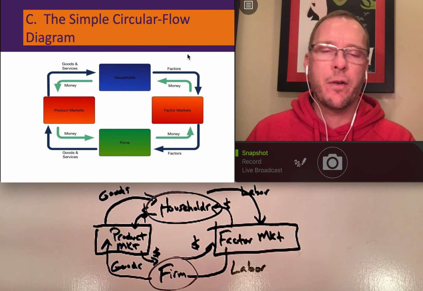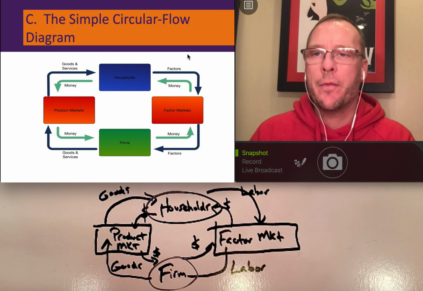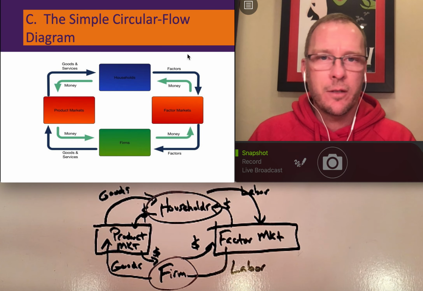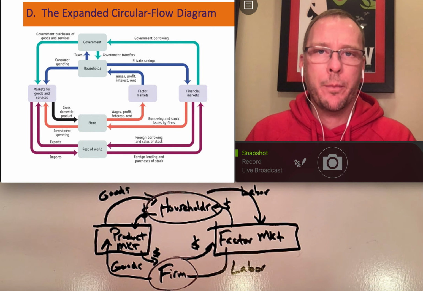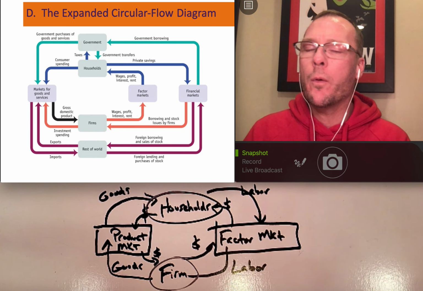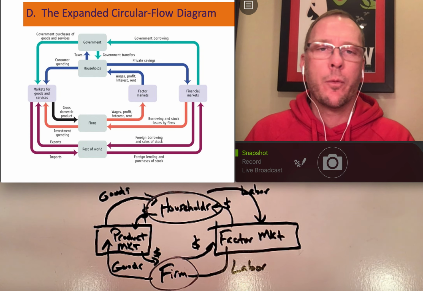This is a very, very simple economy where we're just buying some sort of a factor like labor. The factor is going to produce the goods in the product market, and the thing keeps on spinning around. This one is much more complicated, but when you really look at it, we have firms on the bottom, households on the top, and all we really did was add in a couple things like the government and the rest of the world.